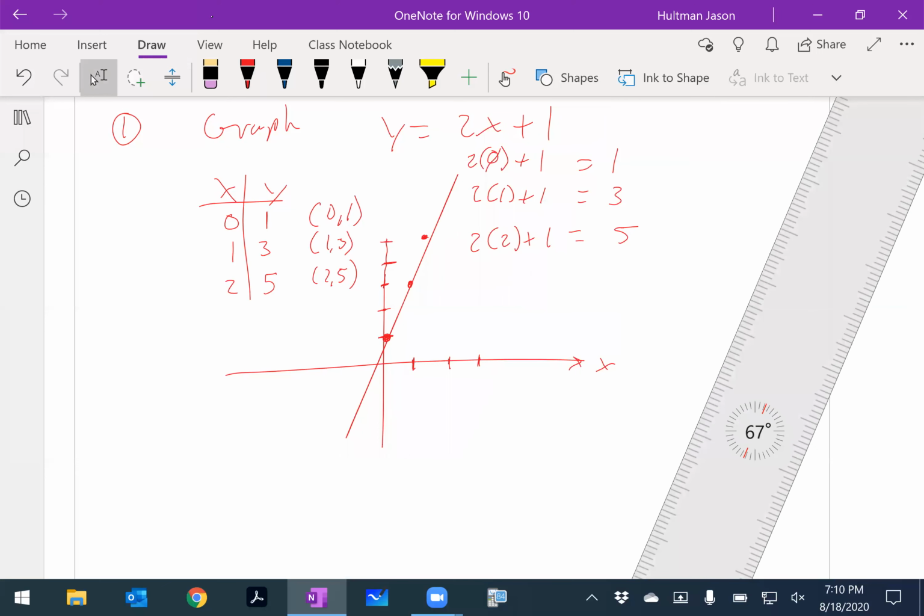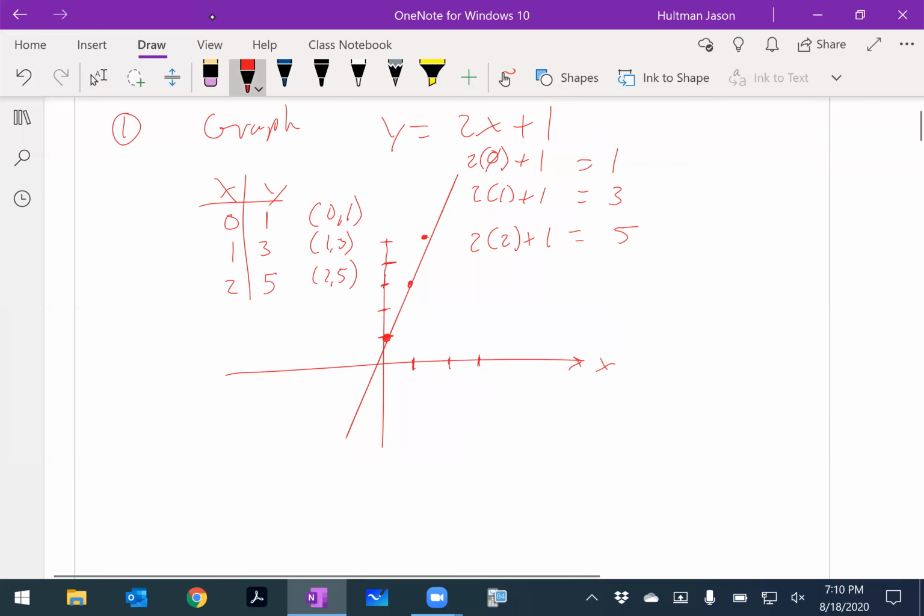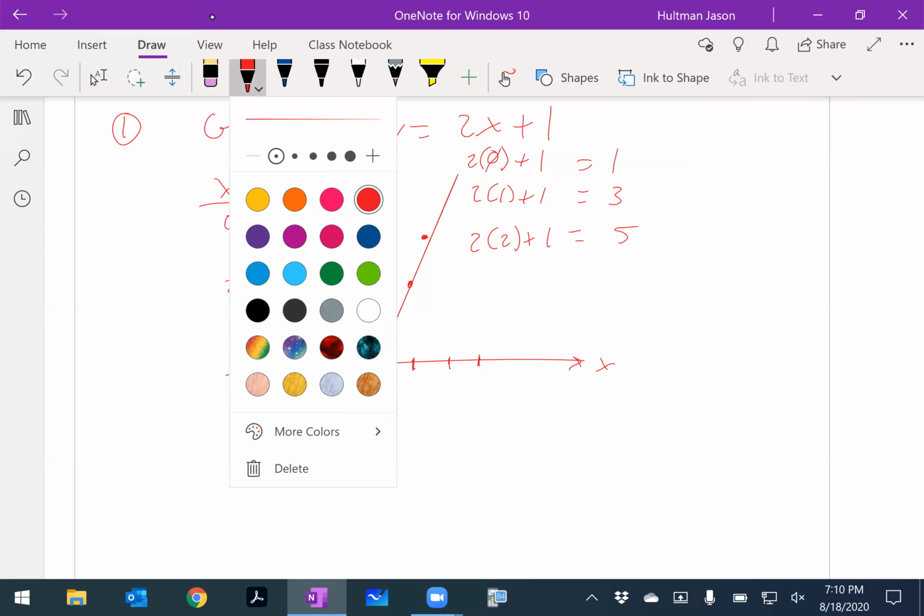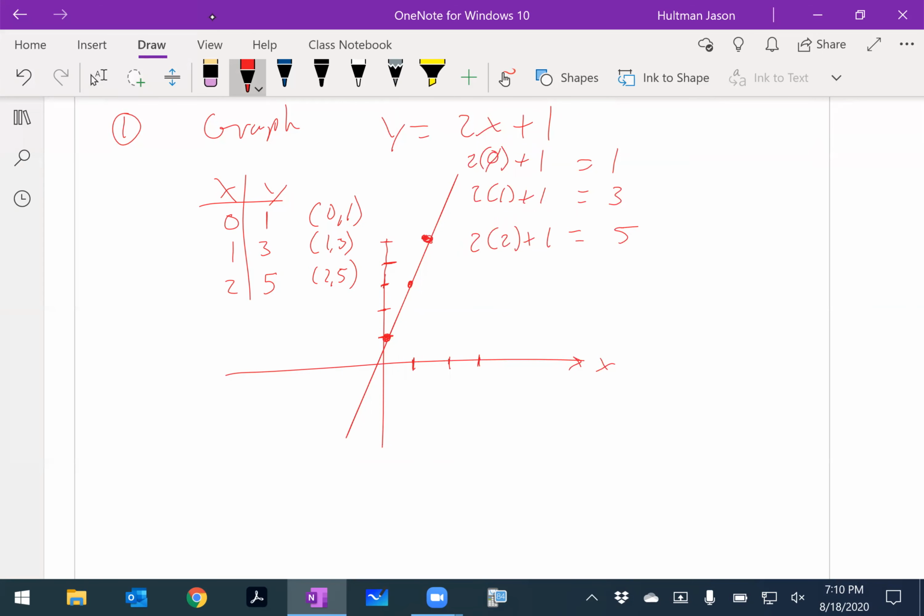That's the way we cheat with that. It just tells me my point was probably off a little bit. Big points and a straight line. This point right here is called my y-intercept, which you're probably familiar with, and that's how we graph a line.